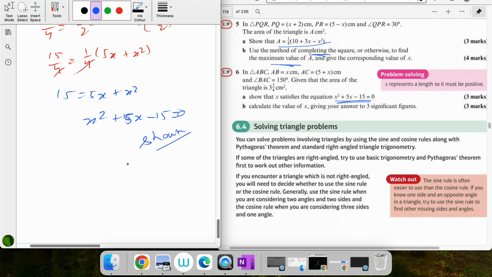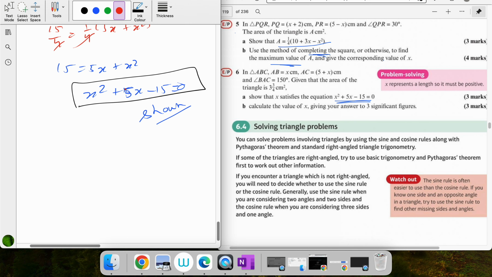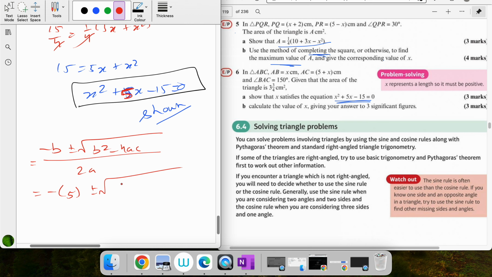B part says calculate the value of x, giving your answer to 3 significant figures. So if it is already in 3 significant figures, we know that we are not going for mid-term breaking, and we can apply the quadratic formula. Minus b plus minus square root b square minus 4ac divided by 2a. So minus b plus minus square root b square minus 4ac, a is 1 and c is negative 15, by 2a.